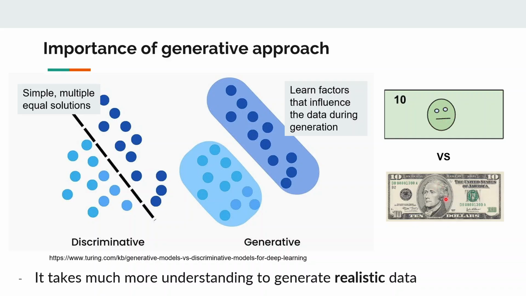But if I ask you to draw a very realistic banknote that can fool other people, it's much more difficult to do. So the assumption here is that if we can train the model to mimic the process of generating biological data or omics data, we hope that the model really understands the mechanisms and the biological knowledge that underlies the data itself.